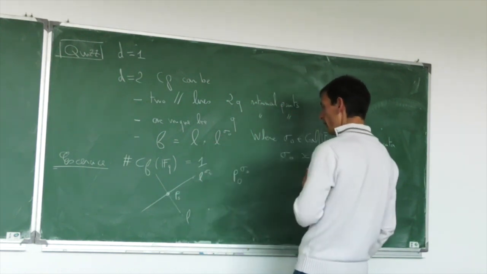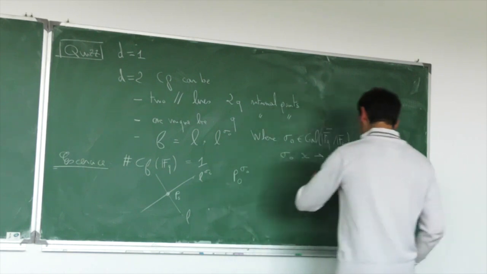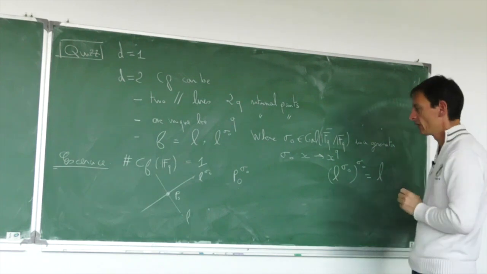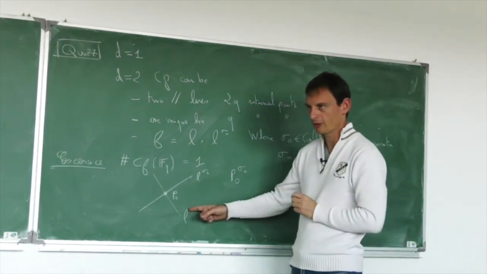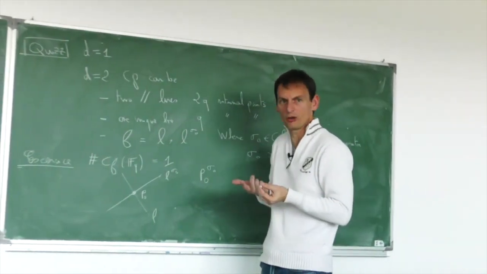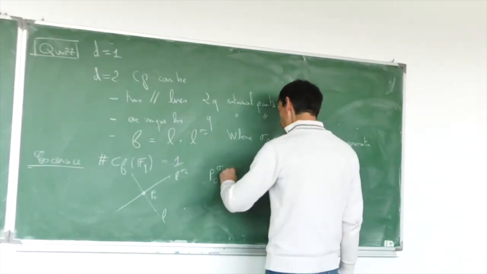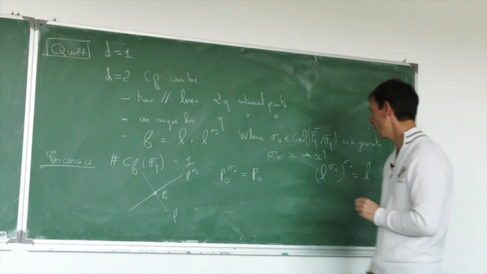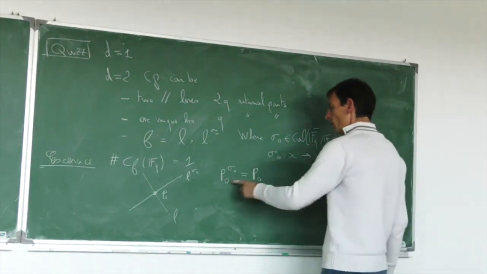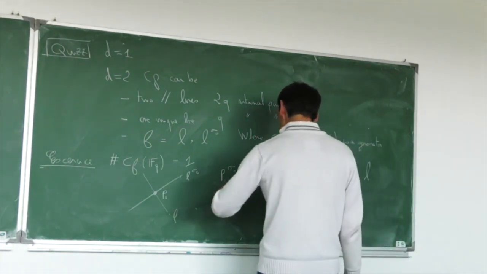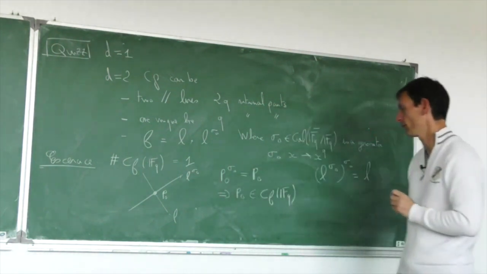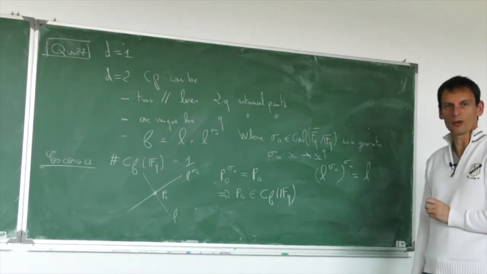And of course, as these two are conjugated over a quadratic extension, you have that (L^sigma_0)^sigma_0 is L. So P_0^sigma_0 is also on L. So it is on the intersection of these two lines. But there is only one point on the intersection of these two lines, which is P_0. So what you have proved is that P_0^sigma_0 is P_0. And as sigma_0 squared is the identity in that case, you have proved that P_0 is inside C_f(F_q).